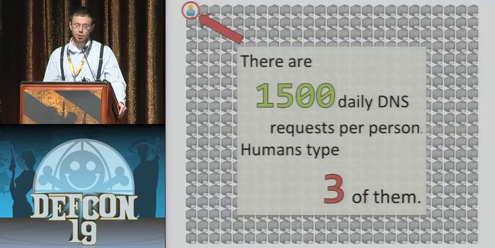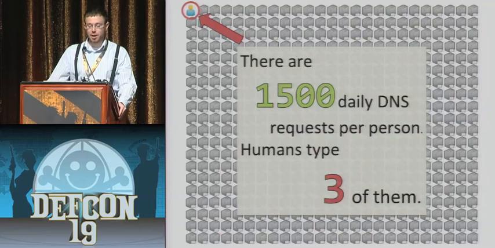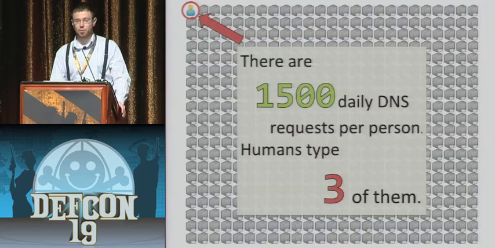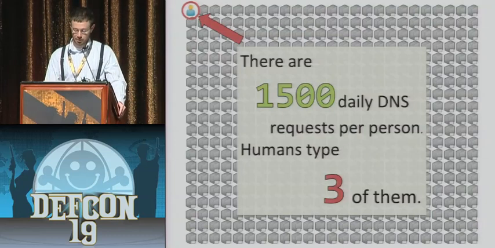Another website, visualeconomics.com, calculated that people go to 89 different domains a month. Prorated, 2 per day, that's 3. So, while typo squatters are going after the 3 domains that you type in, bit squatting goes after the 1,497 that you don't. And how can you take advantage of these 1,497 domain lookups?